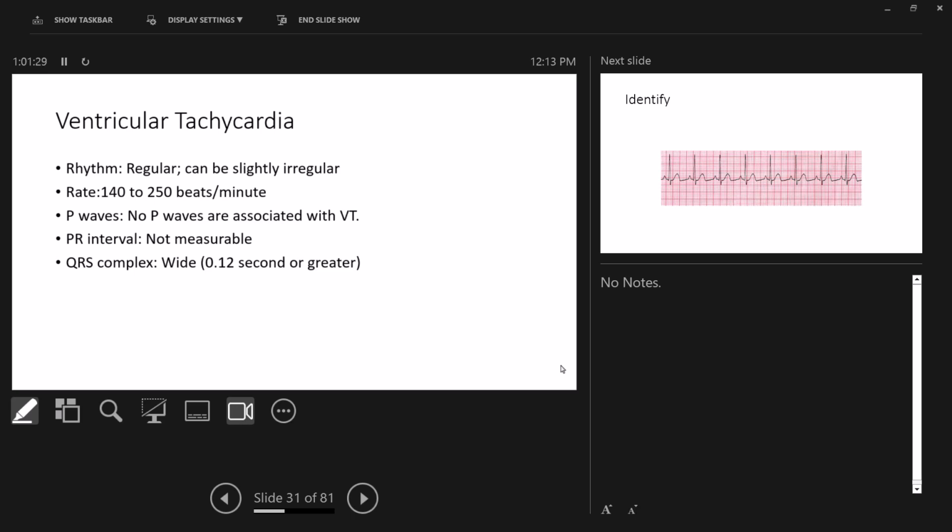Your amplitude is always going to be smaller in VFib. Amplitude, remember, is the vertical size of what you're looking at. So your amplitude up and down is going to be smaller with VFib than it will be with VTAC or torsades.